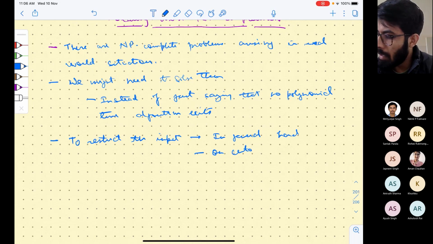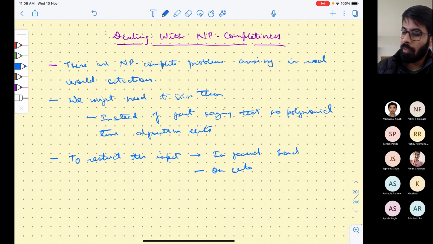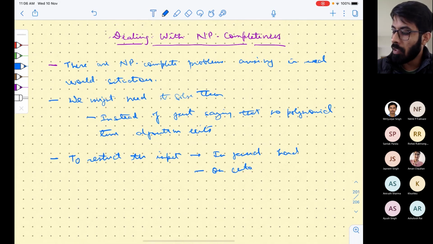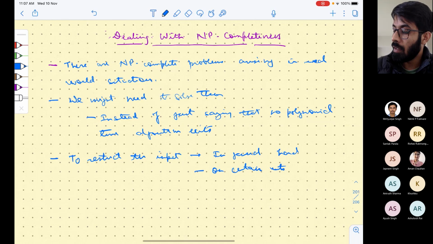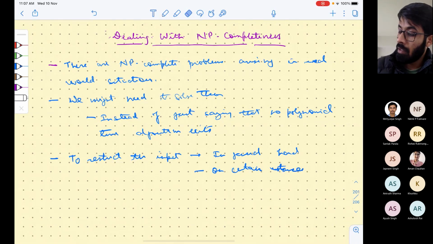We have to deal with NP-complete problems in the real world sometimes, and we can't just say that they are not polynomial time solvable so we don't care about them. We still need to solve them. So one way of solving them in some instances can be to restrict the input. On certain instances, they can be easy.